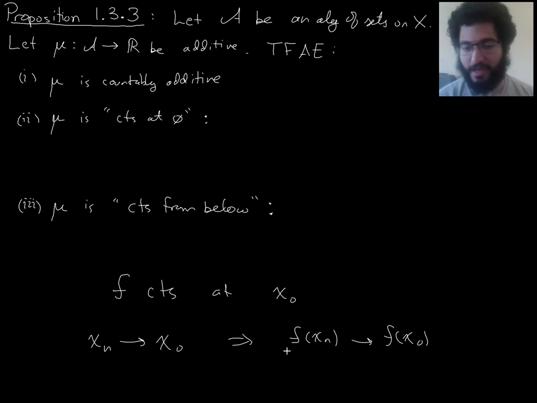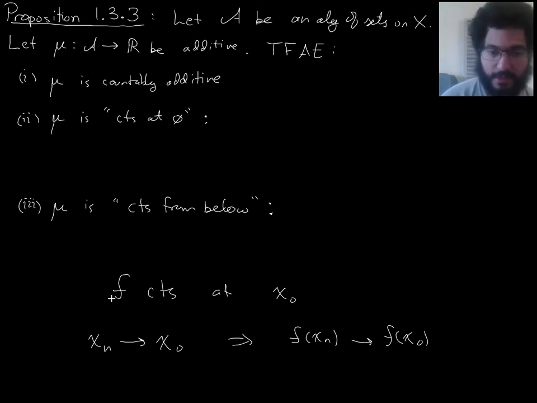Assuming you can apply f to the terms. So this is a way of expressing continuity. A function is continuous at a point when the function preserves convergence of sequences to that point, right? So this phrase in quotes here is sort of following this pattern.